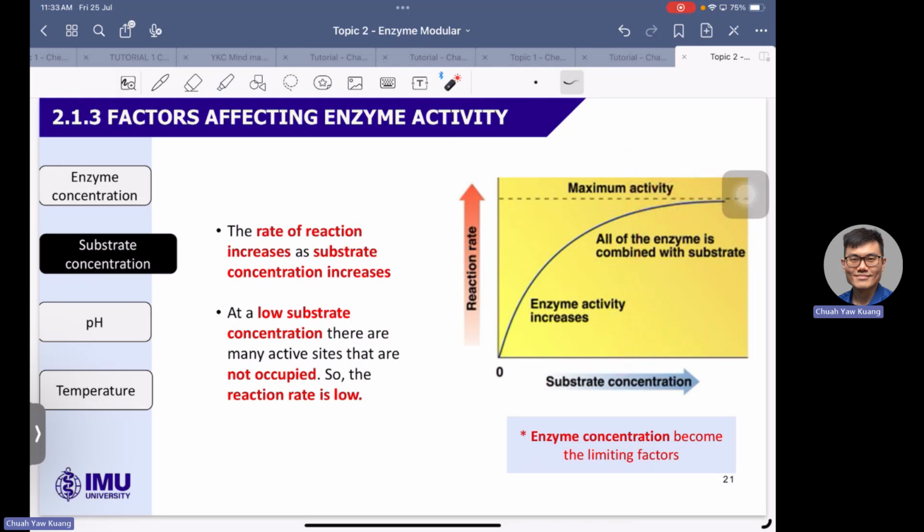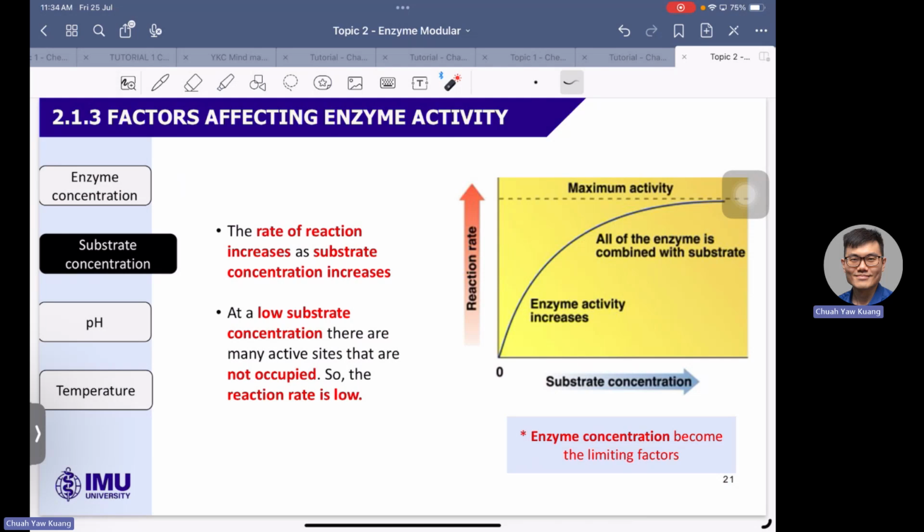The reason is that the enzyme concentration has now become the limiting factor, or you can say all the active sites of the enzyme are now saturated. So if you further increase the substrate, there are no more active sites available. That's why the amount of product produced over time remains the same.